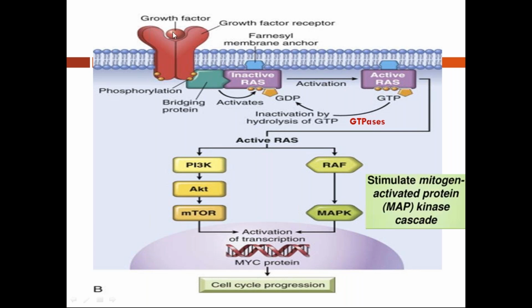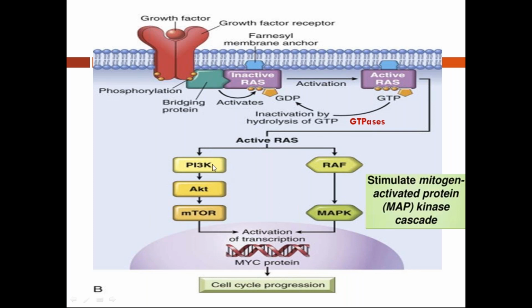When the growth factor attaches to the growth factor receptor, what happens? There is phosphorylation at this binding site, and the phosphate groups are transferred to guanosine diphosphate. So guanosine diphosphate becomes guanosine triphosphate, which in turn activates the RAS protein. It is this RAS protein in the cytoplasm which activates the other signal transducing proteins in the cytoplasm.